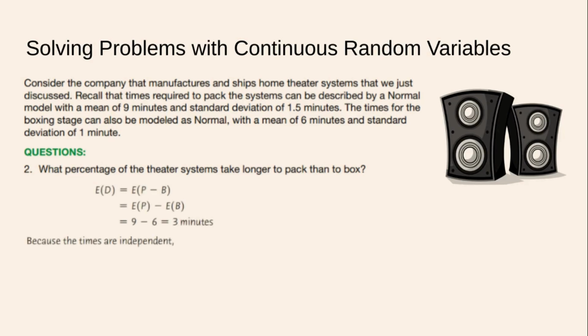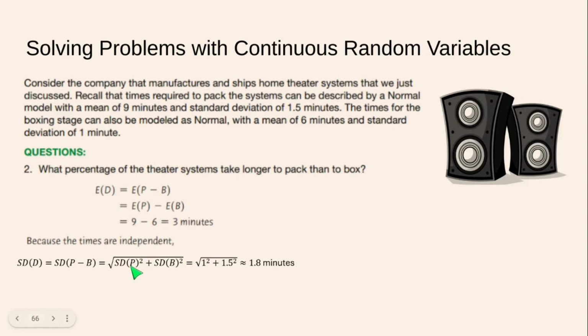The expectation for the difference is going to be 3 minutes. We have 9 minutes spent packing on average, 6 minutes spent boxing. That'd be a difference of 3 minutes on average. Standard deviation of the difference is going to be the standard deviation of P minus B, all right? If we're finding the standard deviation of a difference of random variables, it does not matter that it's a difference.